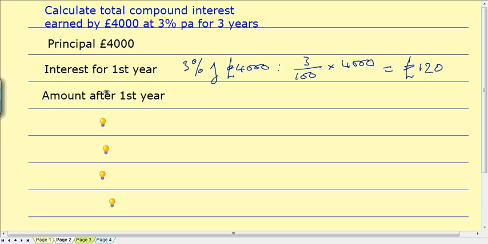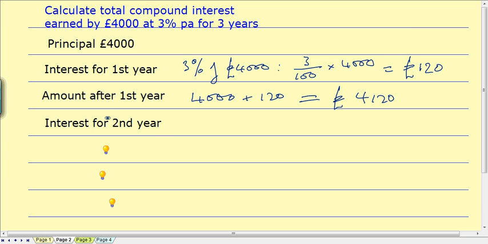So that means that the amount we have after the first year is, of course, just the 4,000 we started with plus the 120 interest. So that gives us 4,120 at the start of the second year. And the point of compound interest is that when we come to calculate the interest for the second year, we work it out on this new total of 4,120, because that's the amount at the start of the second year.